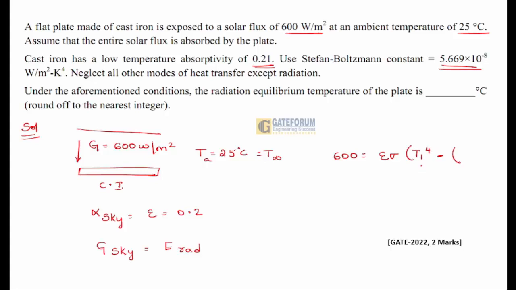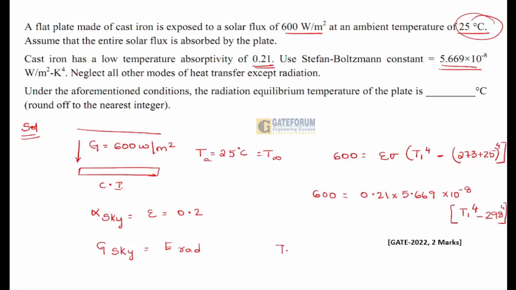How much is given? 273, because 0, right? No, he has given around 25. 25 plus 273, we will get 273 plus 25, whole power 4. This is 600, 0.21, 5.669 into 10 power minus 8 into (T1 power 4 minus 298 power 4).